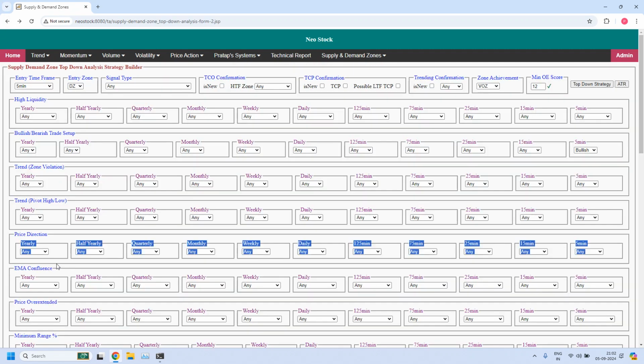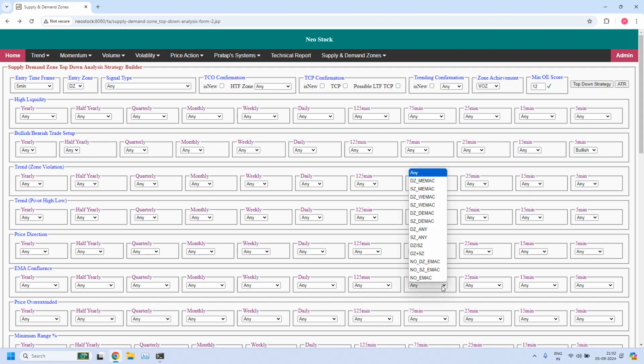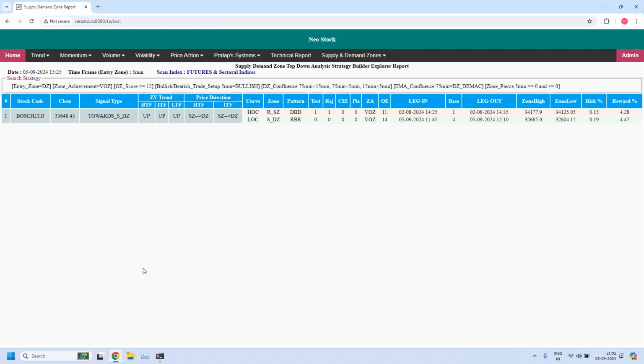So in the EMA confluence, the 75 minutes HTF demand zone with the daily EMA confluence, it's a high probability setup. The same stock is filtered. Okay, fine.